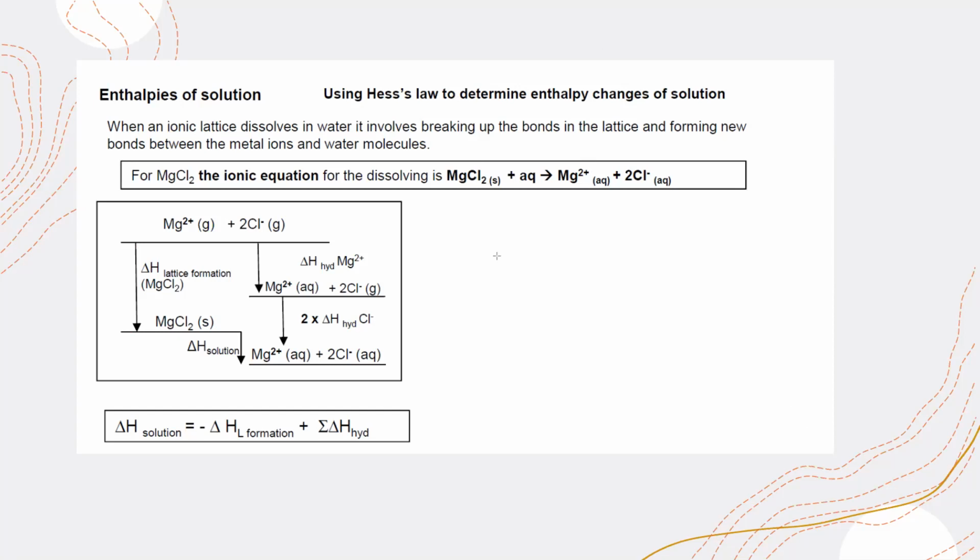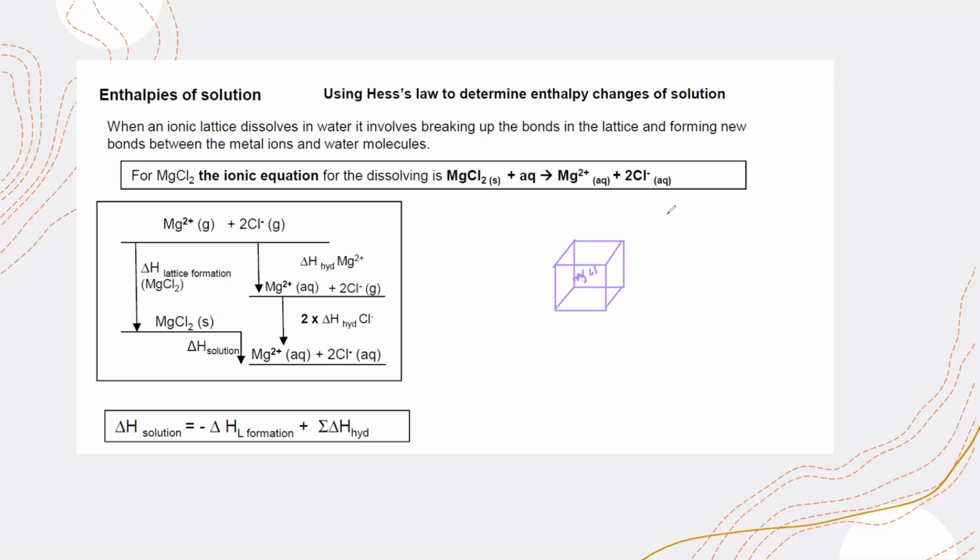They have a regular arrangement. That arrangement is known as a lattice. So for magnesium chloride or sodium chloride, NaCl, the definition of lattice energy is the energy released when ions form a compound.